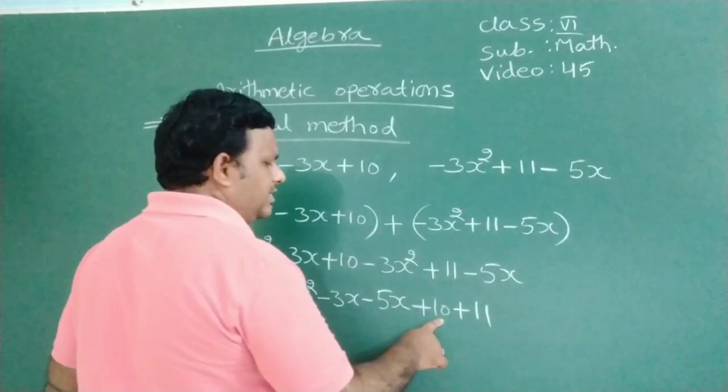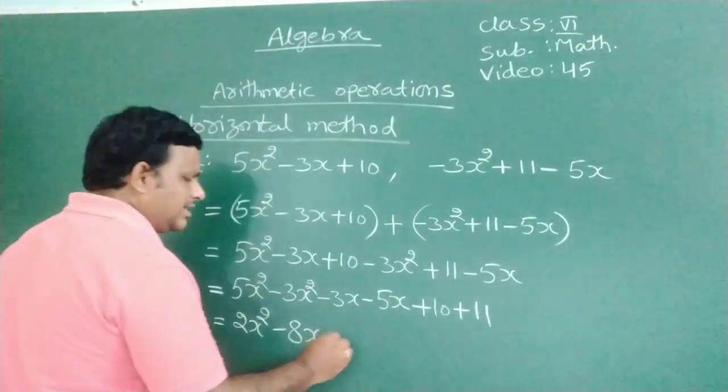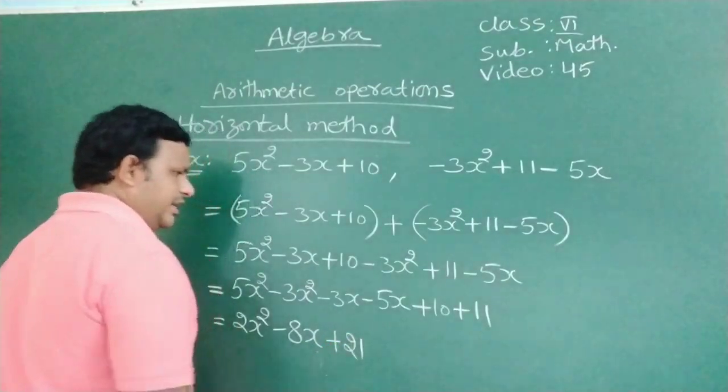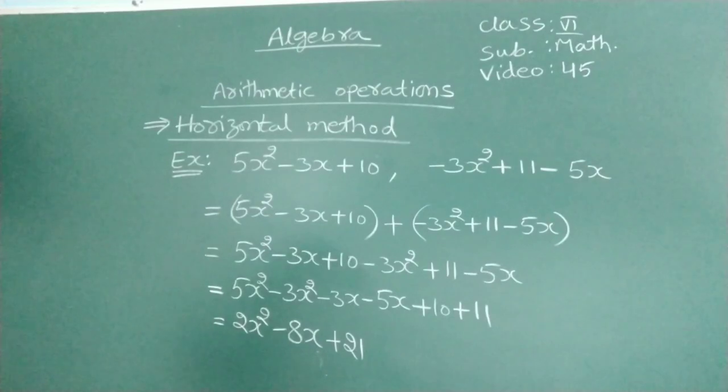Plus 10 plus 11, both are plus only, so if you add them, we will get 21. So this is the horizontal method of adding two algebraic expressions. Very, very easy concept. The addition of like terms or the addition of algebraic expressions, both are easy.